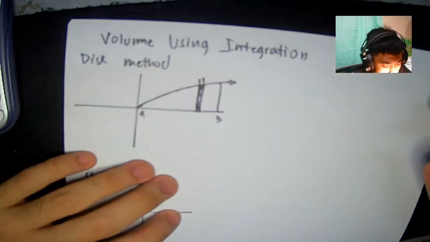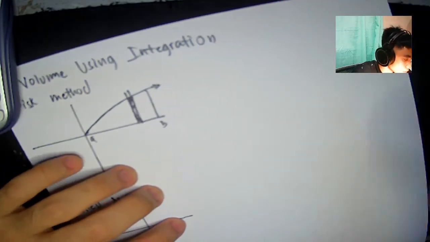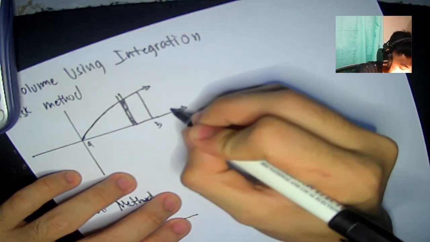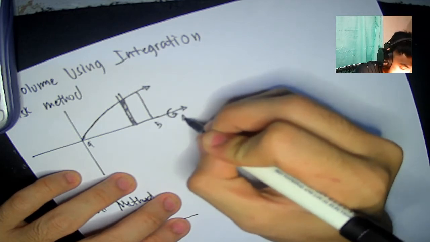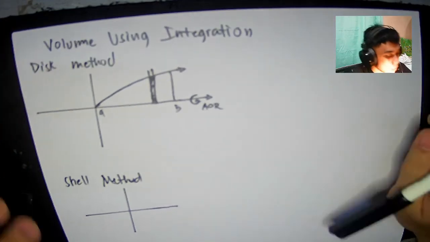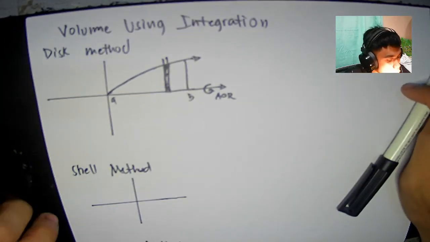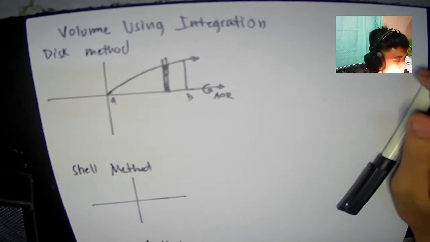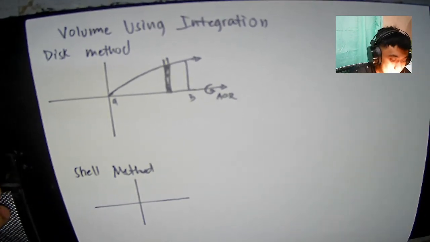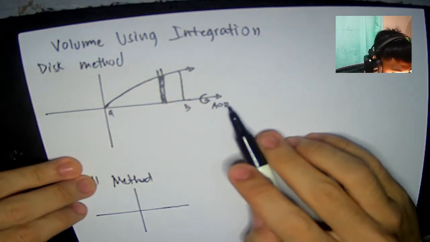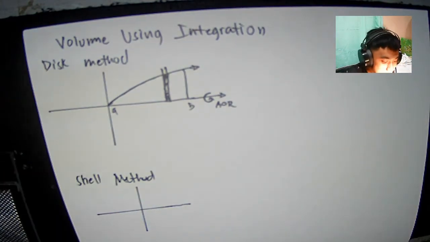So let's say this is our area of rotation. The area of rotation pertains to the function that corresponds to a disk that rotates through the axis of rotation, which is our x-axis.